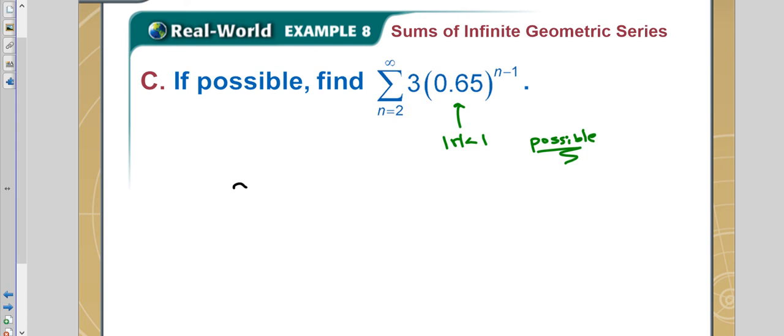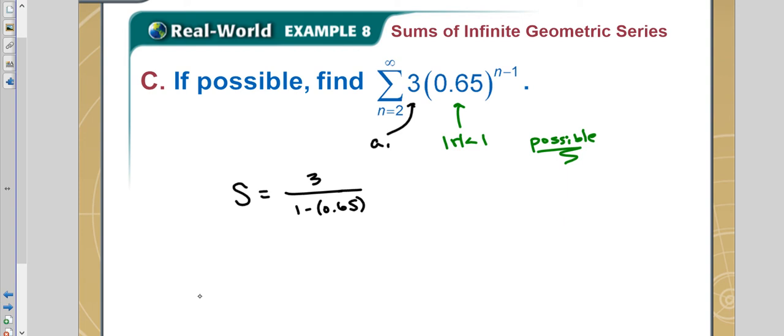So we're going to change it and say S equals a sub 1, which here is 3, over 1 minus our r, which in this case is 0.65.